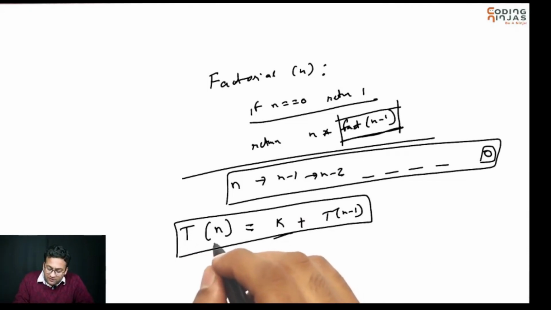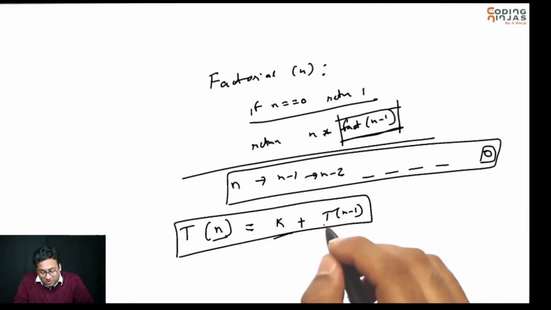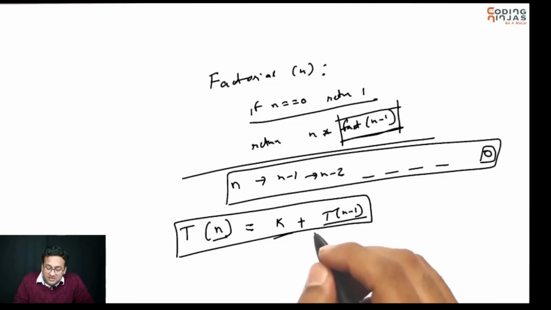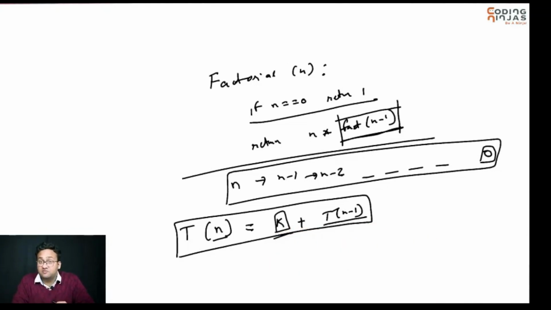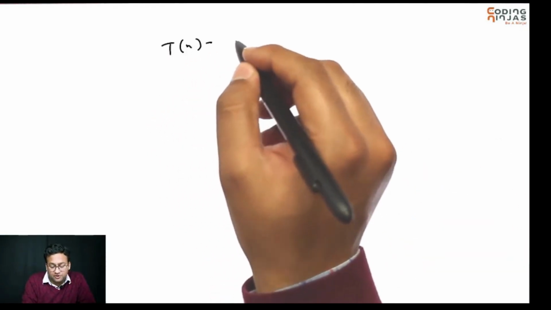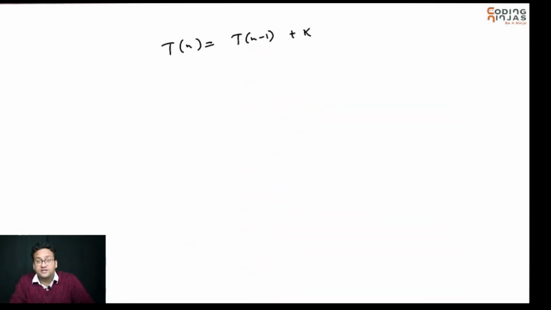To calculate factorial of n, I am going to take the same amount of time as what n minus 1 takes, plus I need to do some k additional work. So once you reach this recurrence relation, things will become very simple for you to find the time complexity of recursive solutions.